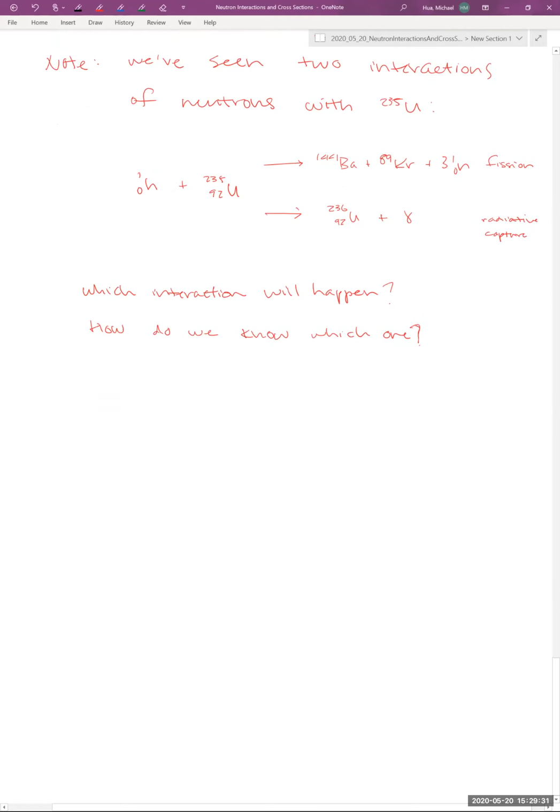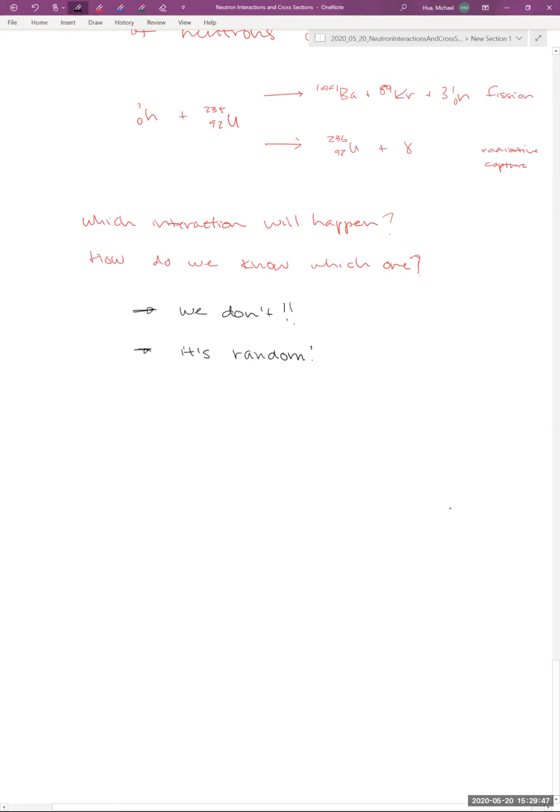And this is a trick question because we don't. It's completely random. And so really the best that we can do is attach some probabilities.